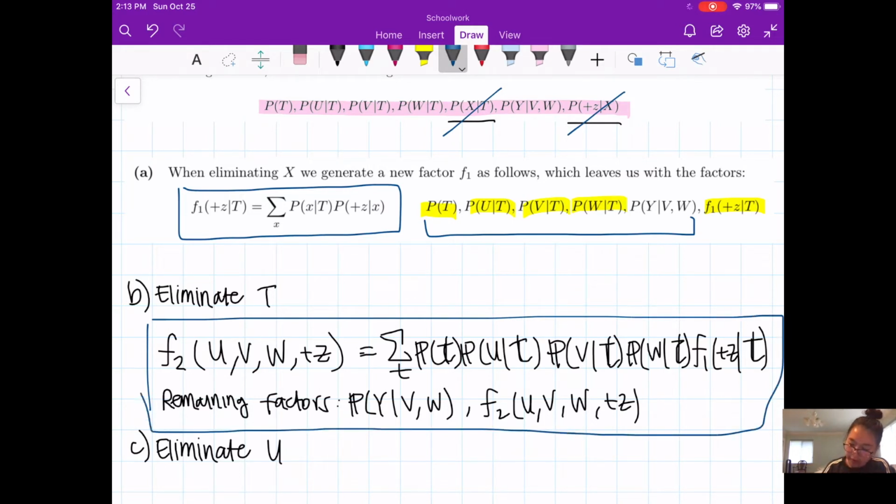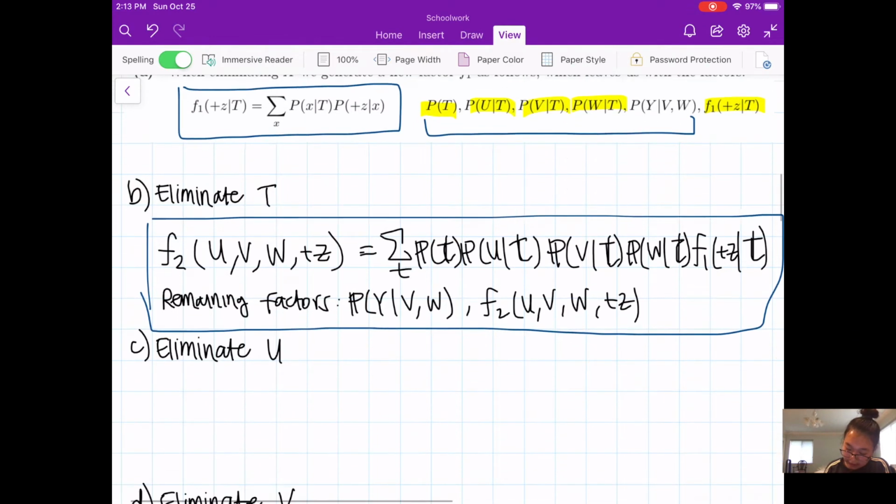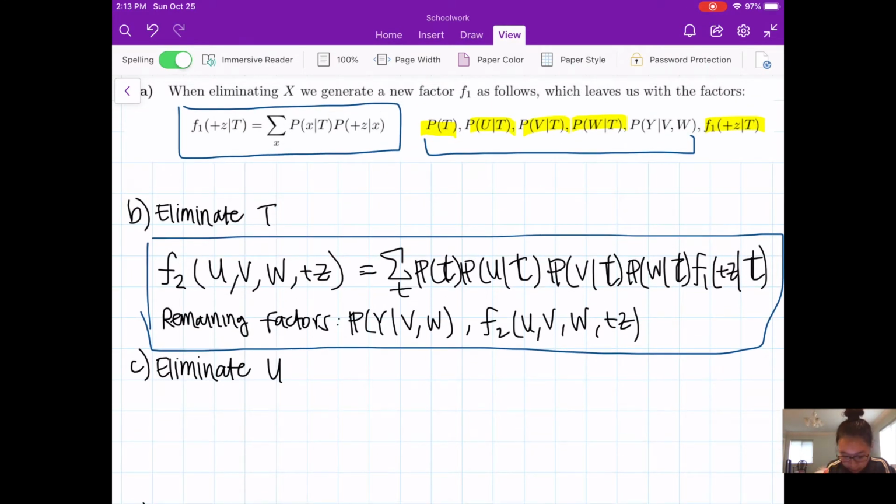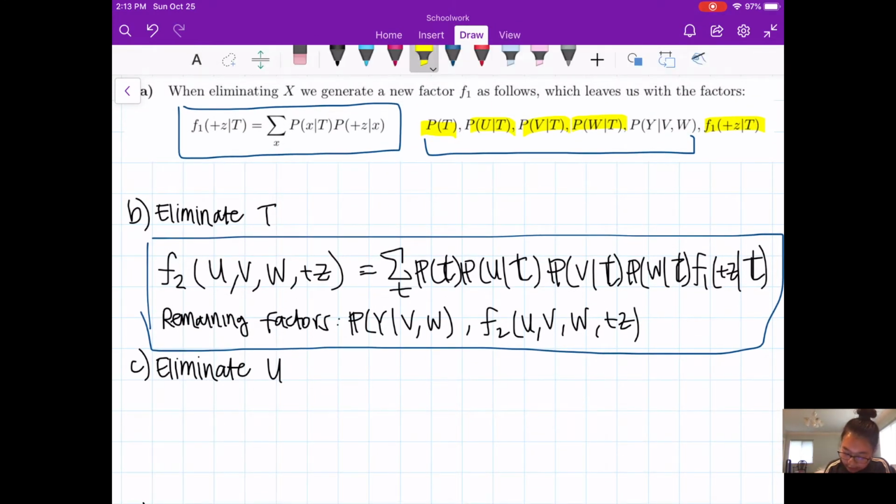Cool. So now we've eliminated t, and the next variable we want to eliminate is u. Same thing, we're going to go through and see what factors have u in them. Right now it is just f2. Since it's just f2, we no longer have to multiply or join anything together. Instead, we just want to eliminate the u by summing all the different possibilities.